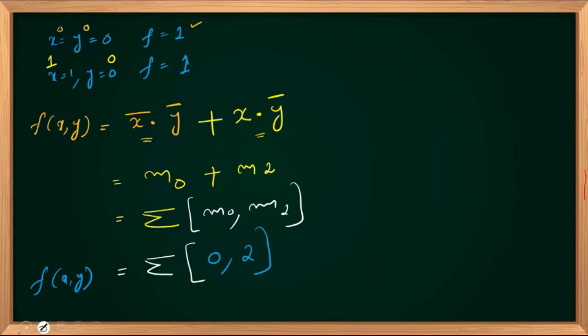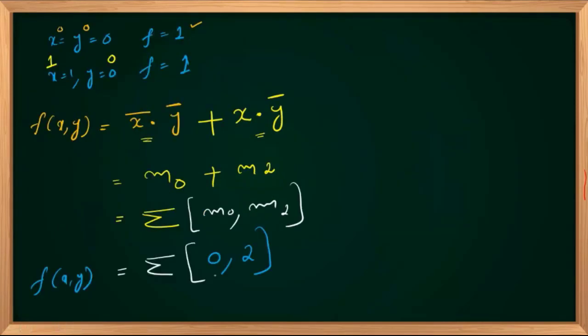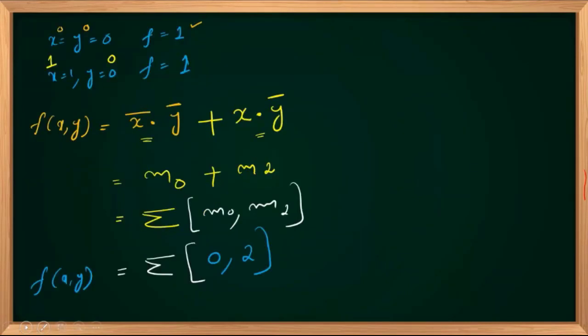1 if x and y are zeros, right? 0 0, function f equal to 1, right? And 2 implies the minterm corresponding to decimal 2, that is 1 0 combination, right? So the function will be equal to 1 for only these two combinations, x equal to 0, y equal to 0, and x equal to 1, y equal to 0.